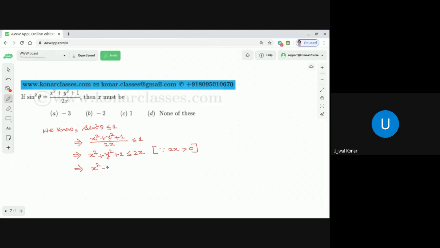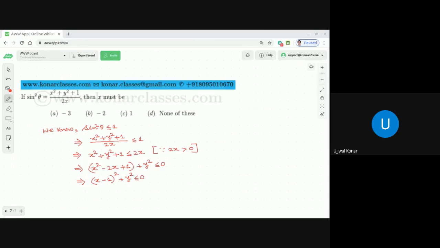X square minus 2x plus 1 plus y square is actually less than equal to 0. So this implies x minus 1 whole square plus y square is less than equal to 0.